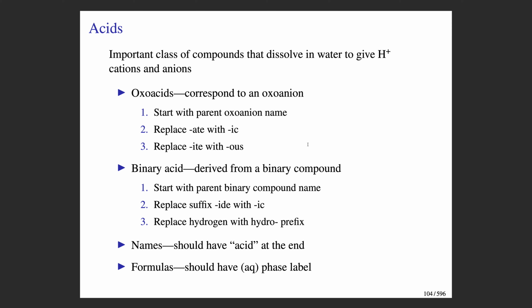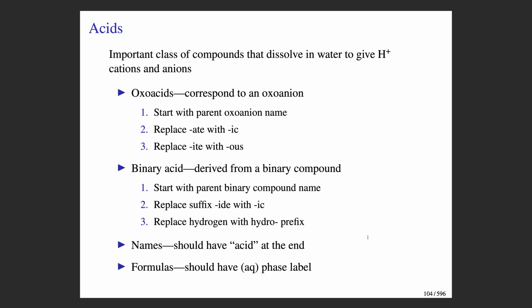So for example, if you had sulfate, you would add protons to the sulfate ion, and then you would change the word sulfate to sulfuric acid. If you were dealing with sulfite, you would replace the ITE with OUS. So you would take the sulfite ion, you would add protons, and then you would call it sulfurous acid.